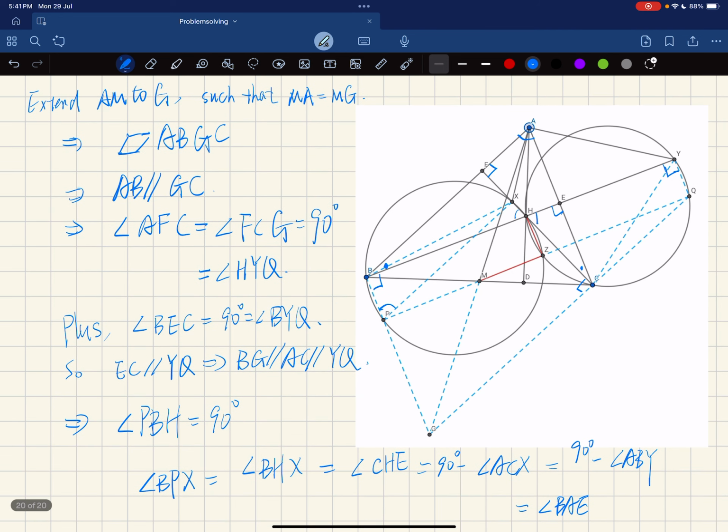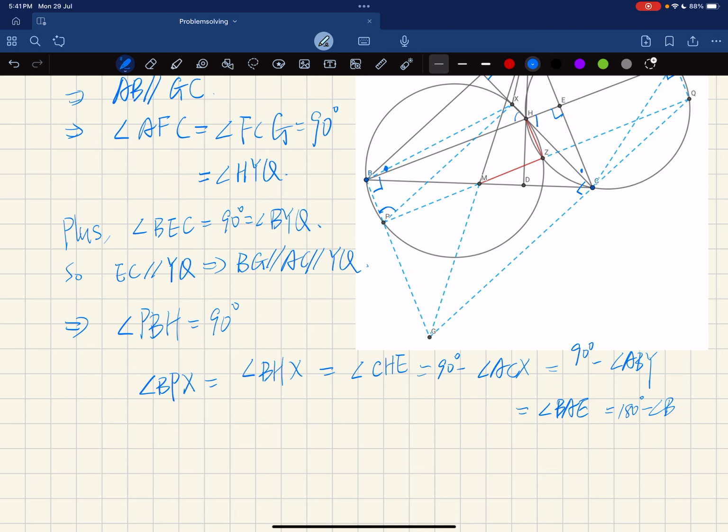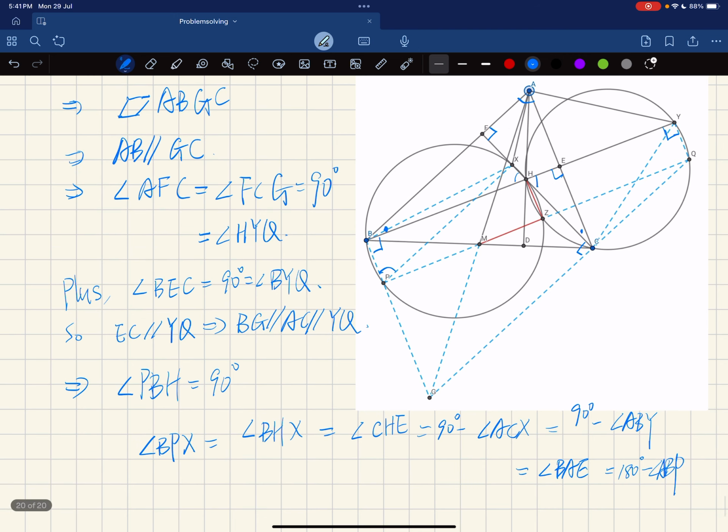And then equals 180 degrees minus angle ABP. Yeah, it is here. Oh, I use another color. ABP is here.